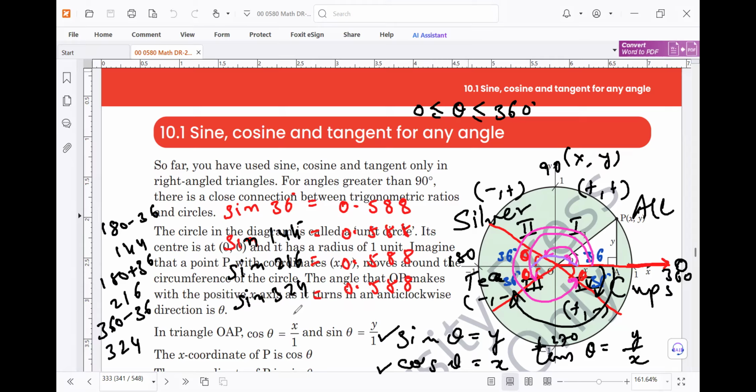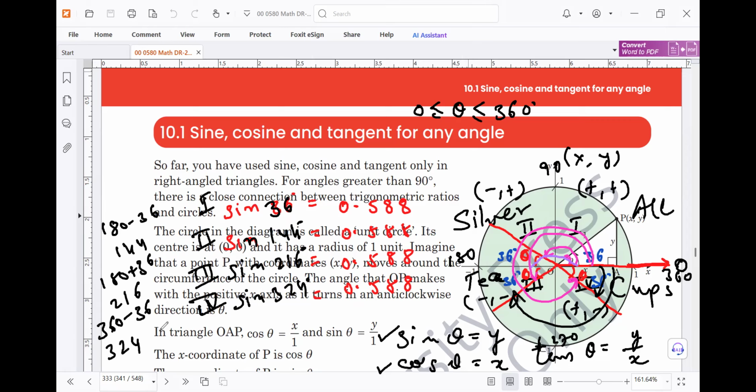Now this is the first quadrant, this is second, this is third, this is fourth, correct? 36 degrees is in the first quadrant, 144 will be in the second quadrant, 216 in the third quadrant, and 324 in the fourth quadrant, right?